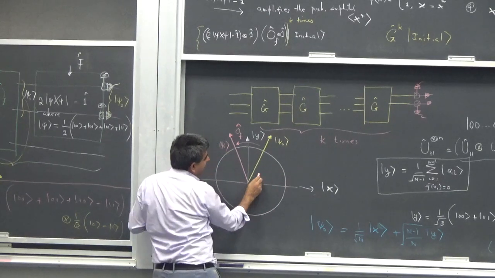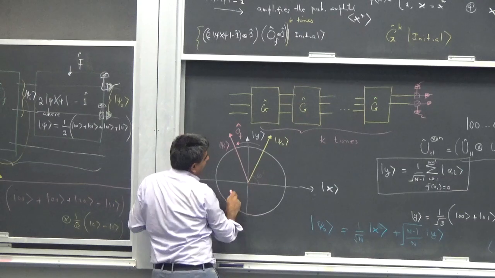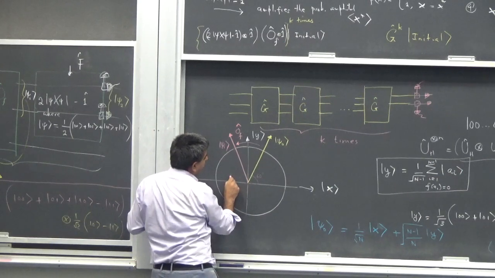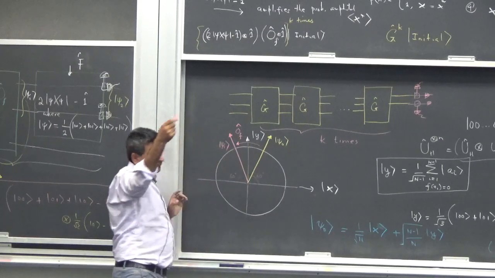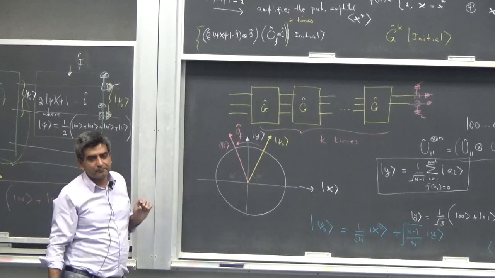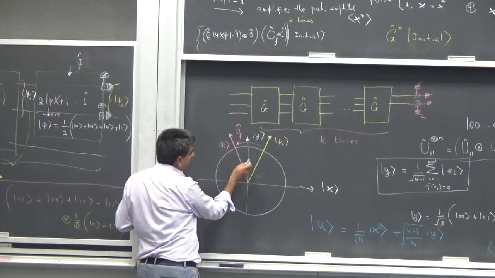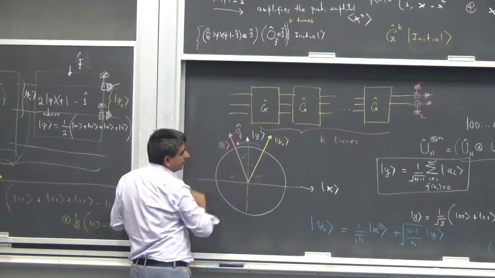Remember, this is 60 degrees. So this is 60 degrees, this is 30, this is 30, so this would also be 60 degrees. So keep these angles at the back of your mind. And this angle therefore is also 60 degrees.